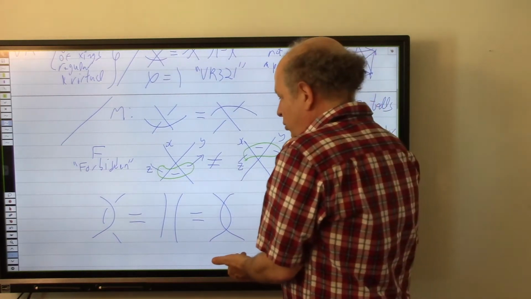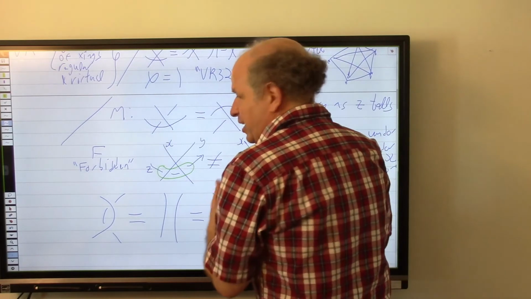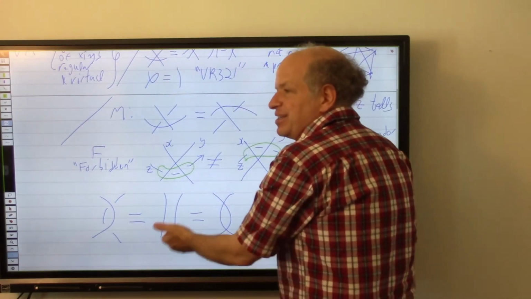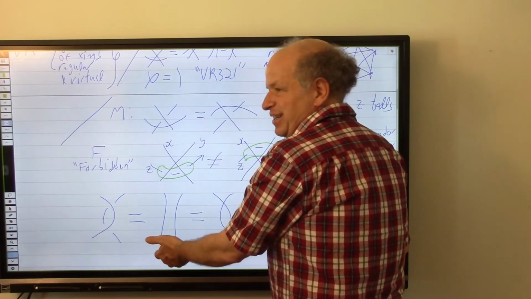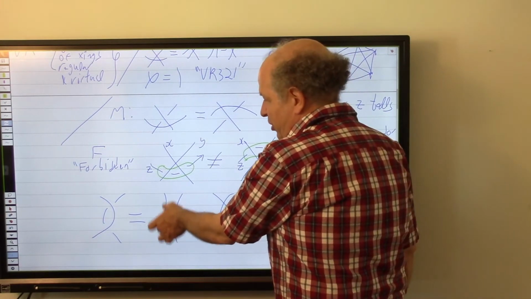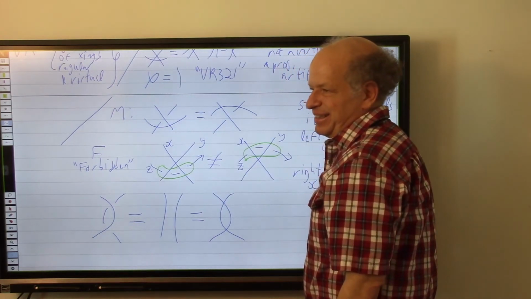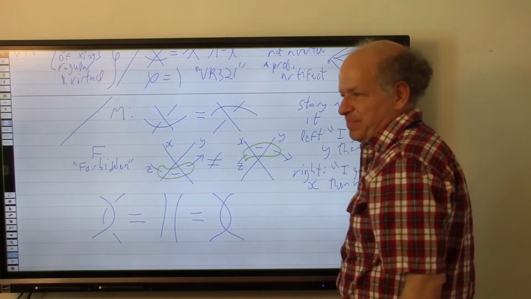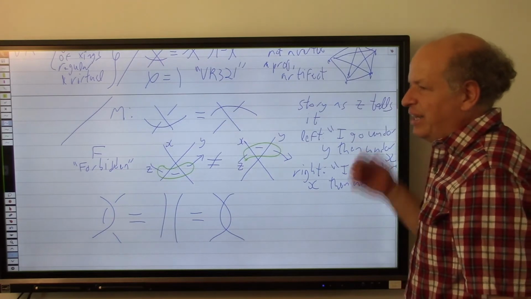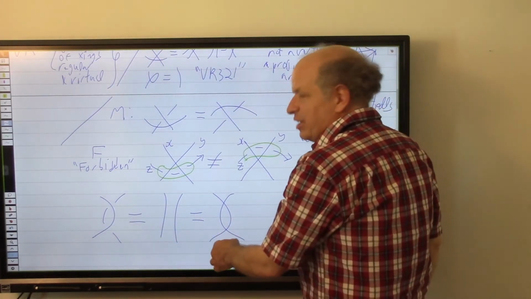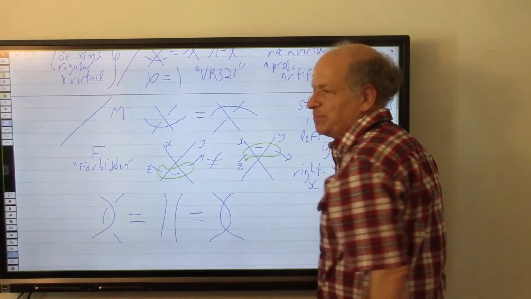Because in the world of virtual knots, in my view, these two are literally the same graph pieces. Both of them have two edges and no crossings. They are literally the same. Okay? And in the other viewpoint, these are different, but they differ by a relation.